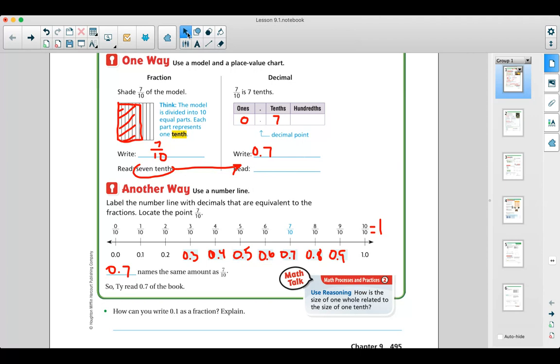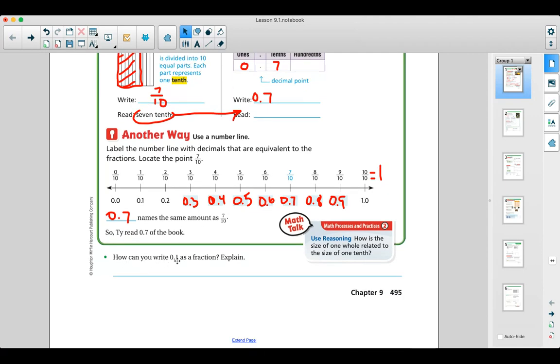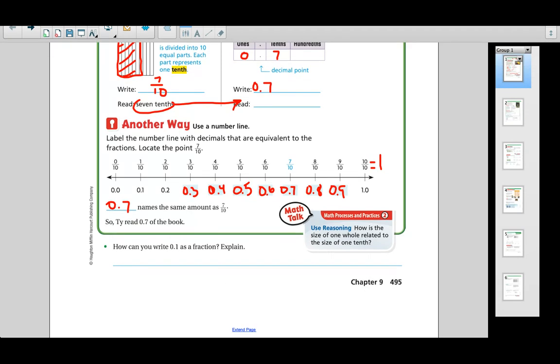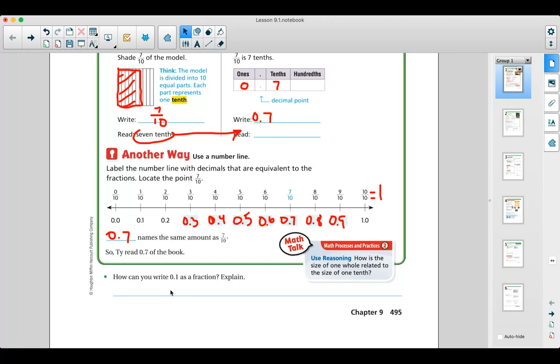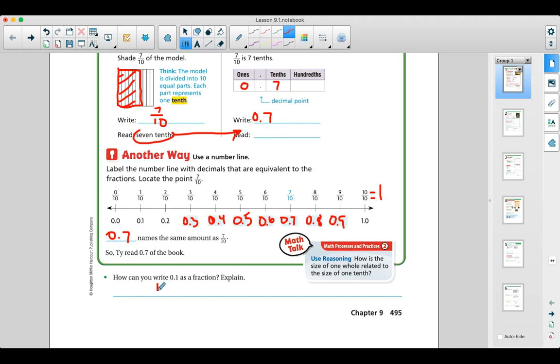Okay, let's go down. How can you write 0.1 as a fraction? This is in the place value tenths. So you can write it as 1/10.